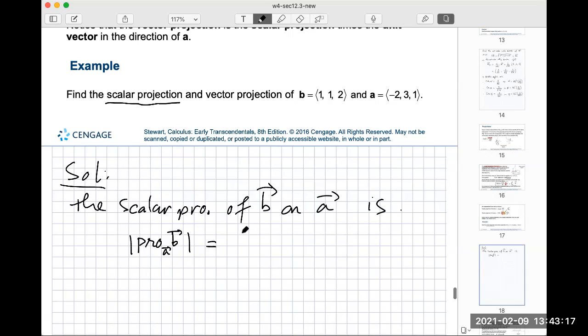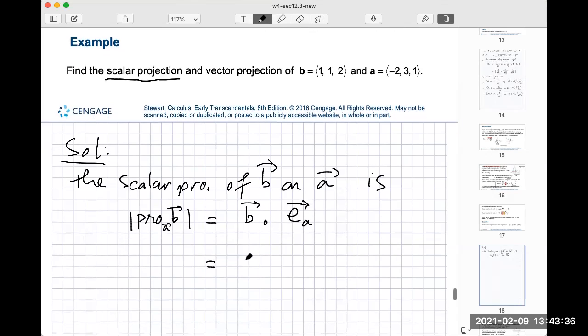It will be the vector B times the unit vector of the vector A, right? Okay. Is a formula.